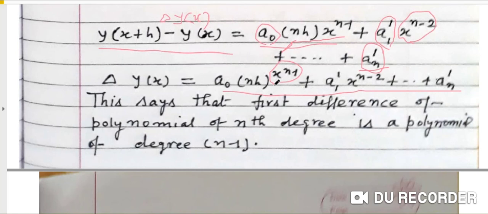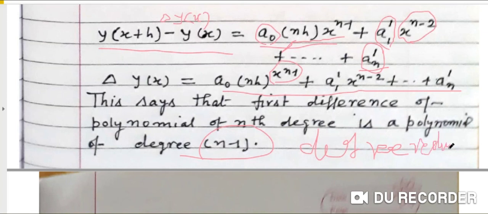What I would like to emphasize here is that the first difference reduces the degree of the polynomial by 1. The first difference of a polynomial of nth degree is a polynomial of degree n minus 1. Means the degree has been reduced by 1.